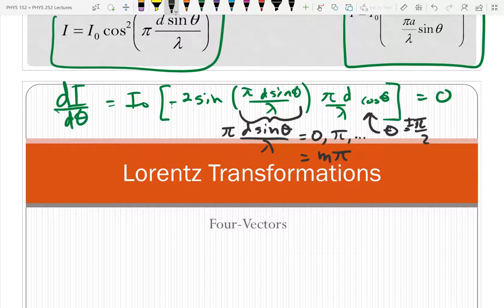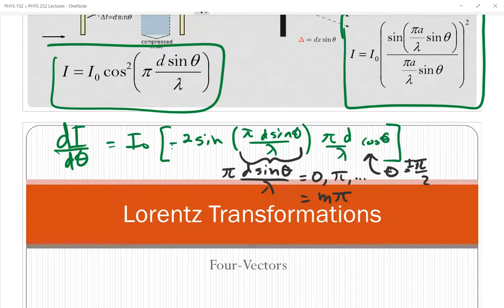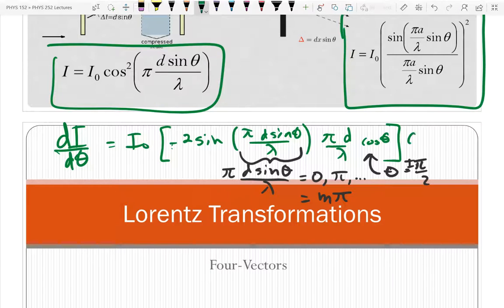And so we now, I forgot there's one more term. I did do my derivative right. I forgot one more term. It's 2 cosine... Yeah.